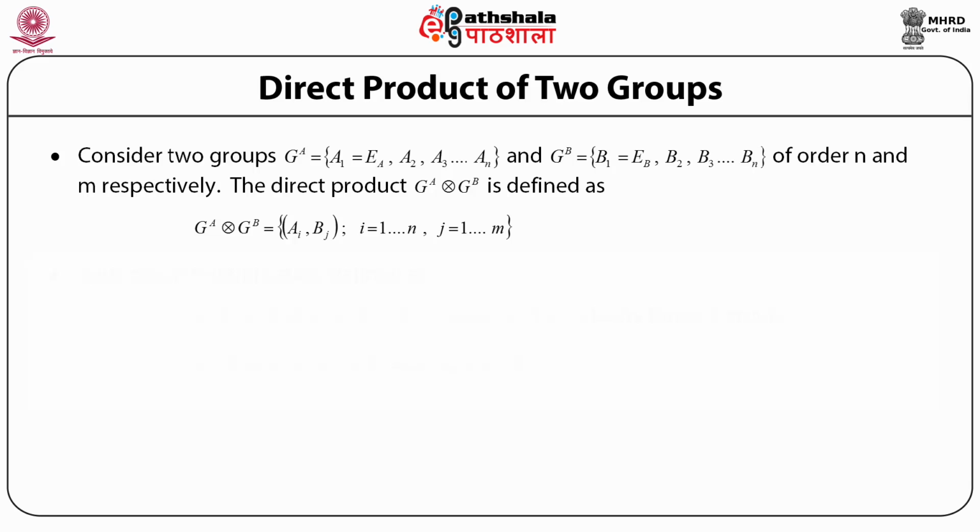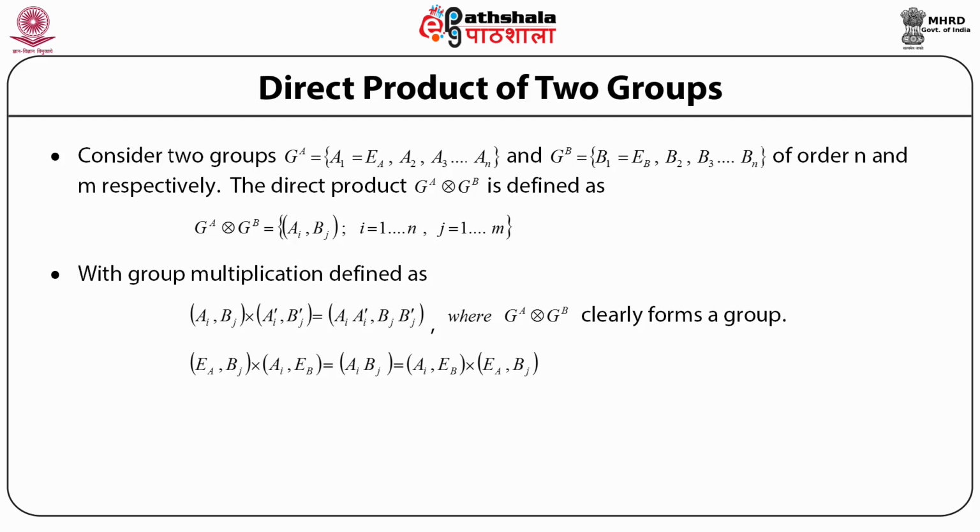The direct product of GA, written as GA cross GB, is defined as GA cross GB equal to AiBj, where i goes from 1 to n and j goes from 1 to m, with group multiplication defined as AiBj into Ai'Bj'. AiBj are the elements of the direct product group, and Ai'Bj' some other element of the direct product group.